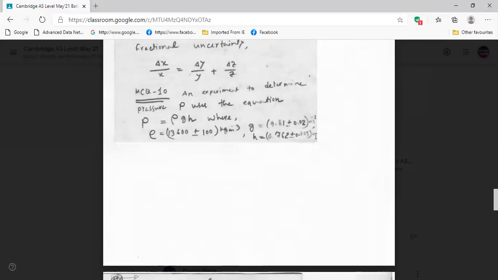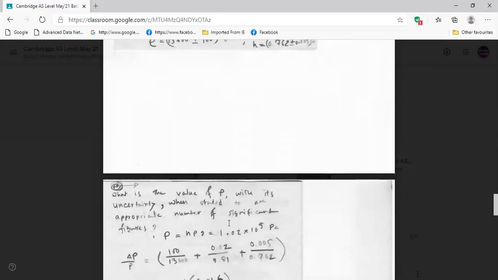So these are the given values of rho, g, h. Now from these we have to calculate, look here it's written, the value of P with its uncertainty when stated to an appropriate number of significant figures.